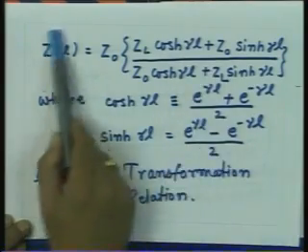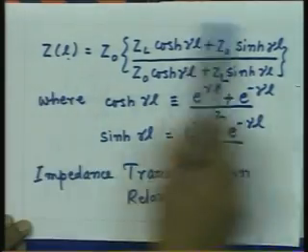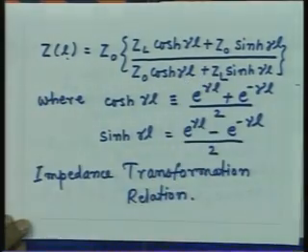So, I have to remember only one impedance transformation relation, and then I can transform the impedances from any point on the line to any other point on the line. And once I know the impedance, I can find out the reflection coefficient at that point of the line, because as we saw earlier, there is a unique relationship between the reflection coefficient and the impedance at any point on the transmission line.